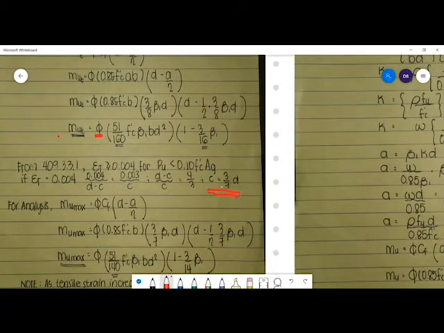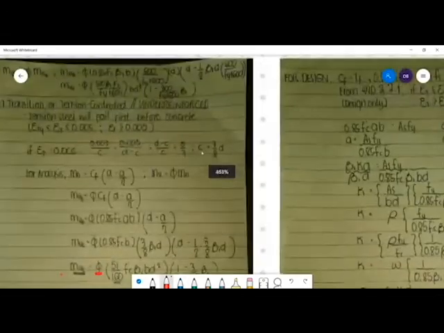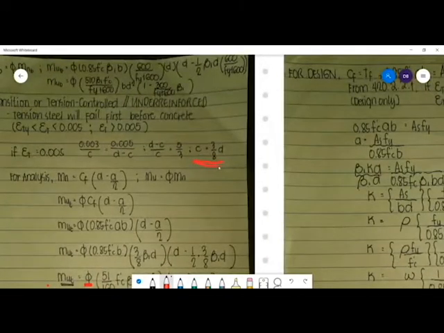We know that 3/7 of d is larger than 3/8 of d. So, ibig sabihin, pag mas malaki yung tensile strain mo, ang ibig sabihin lang nun, mas ideal yung design mo.